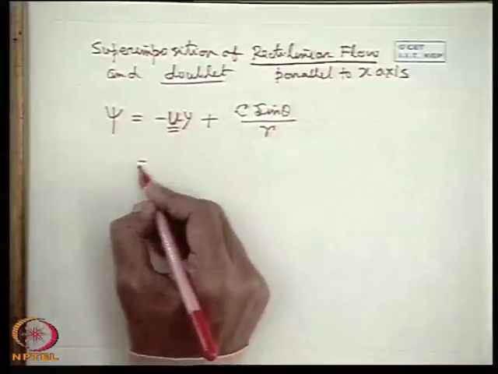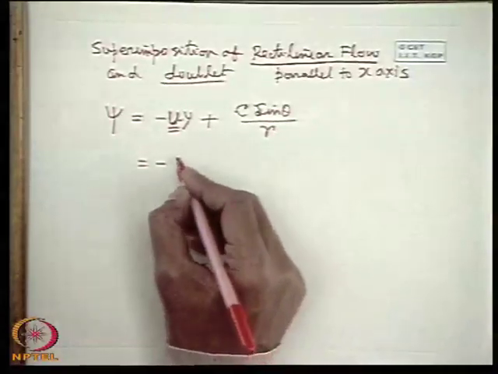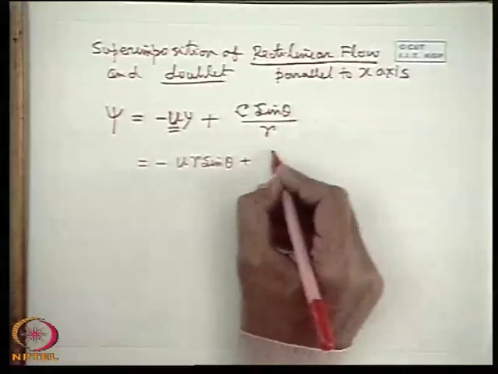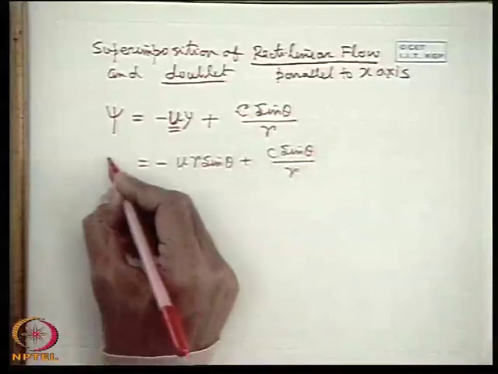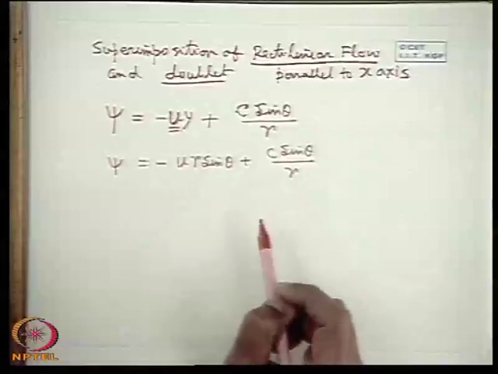Now if I write y in terms of r and theta in polar coordinate system, it will be u r sin theta plus c sin theta by r. This is the typical stream function for the combination of rectilinear flow parallel to x-axis and the doublet.